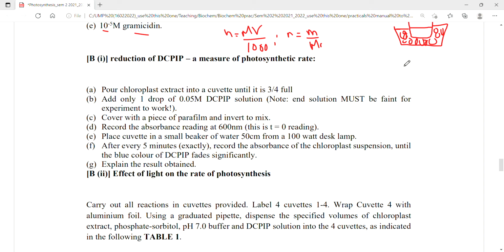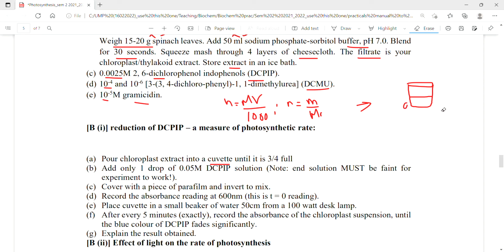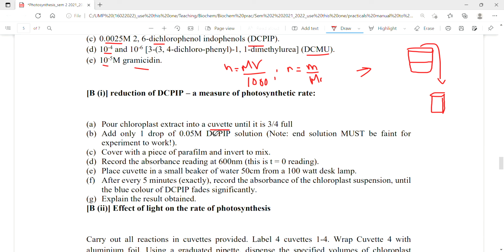So this is our preparation, and then you need to pour the chloroplast extract into a cuvette. It says here put into a cuvette up to 3/4 full.